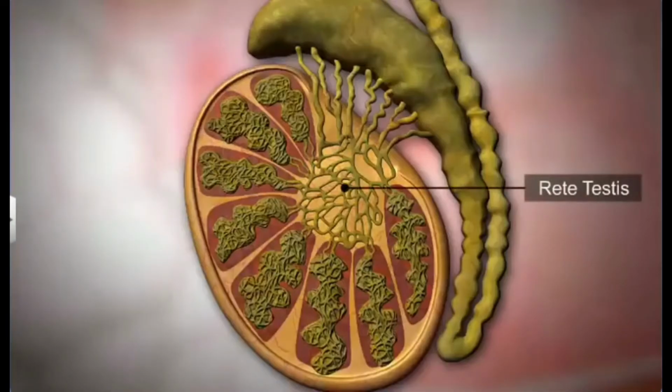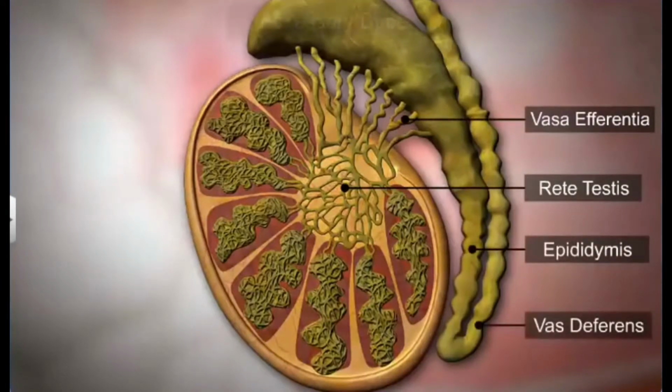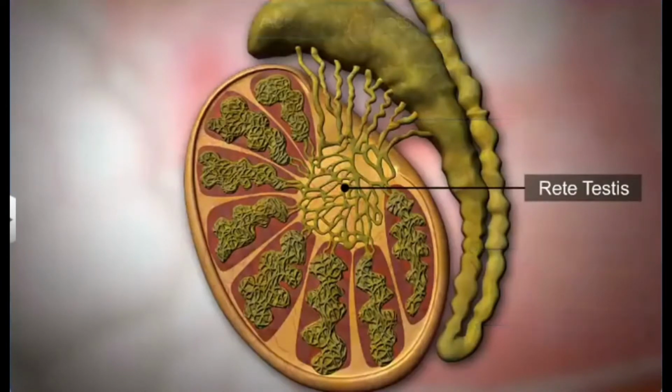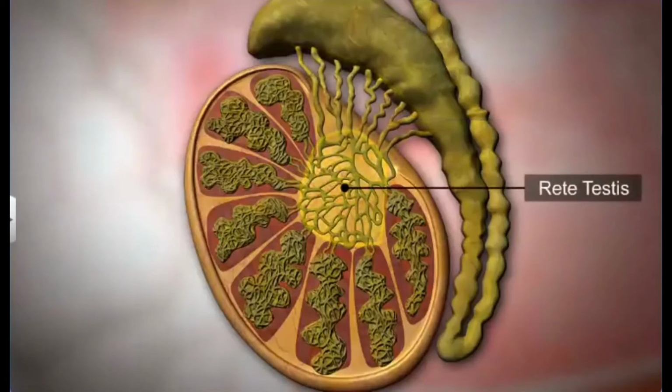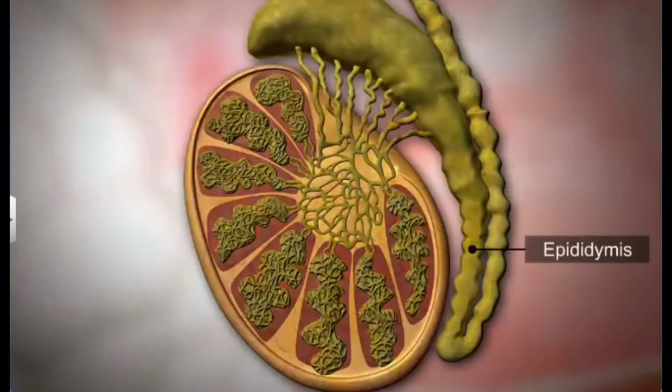Rete testis, vasa efferentia, epididymis, and vas deferens are the male accessory ducts. The rete testis is a network of ductules formed by seminiferous tubules. Vasa efferentia are ciliated ductules that arise from the rete testis. They collect sperms and transfer them to the epididymis.